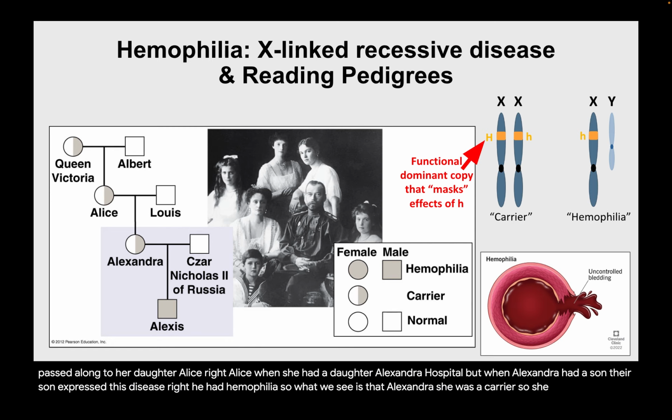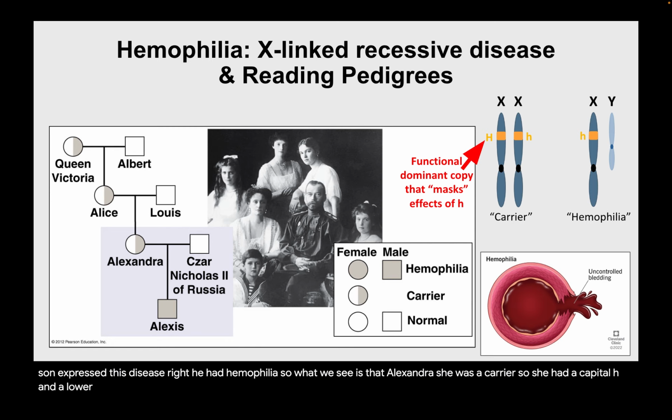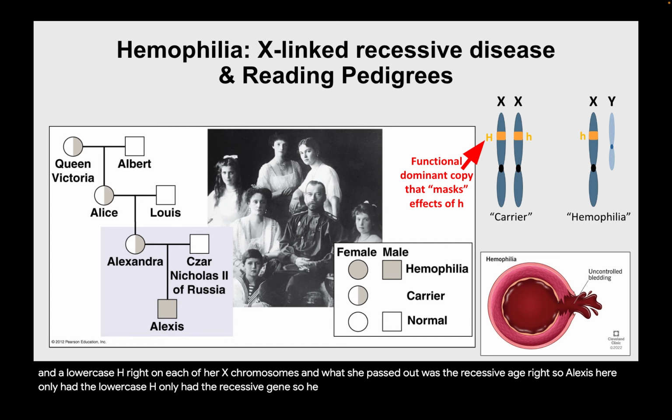So she had a capital H and a lowercase h on each of her X chromosomes. And what she passed down was the recessive h. So Alexis here only had the lowercase h, only had the recessive gene, so he expressed this trait. So it's really common to look at pedigrees to figure out what is happening.